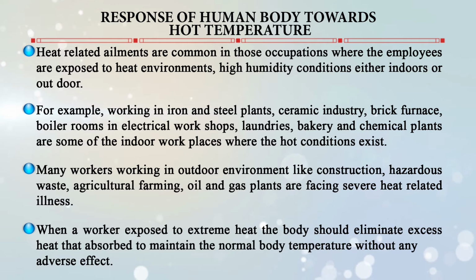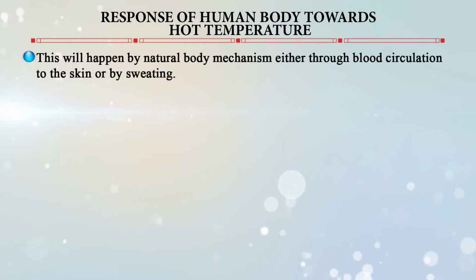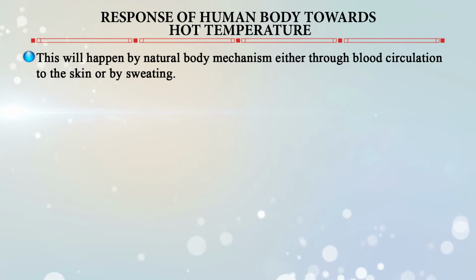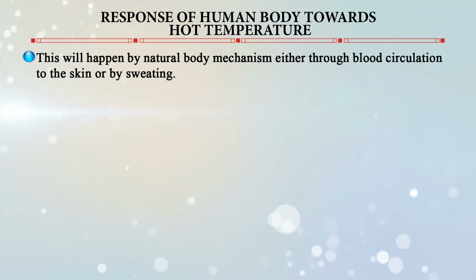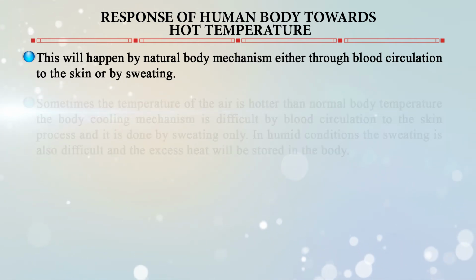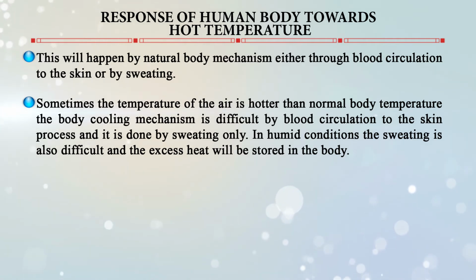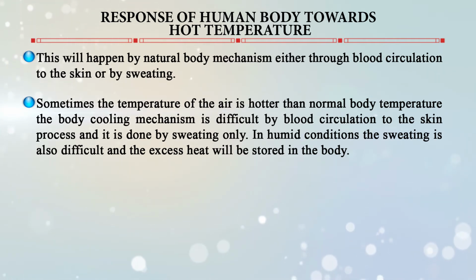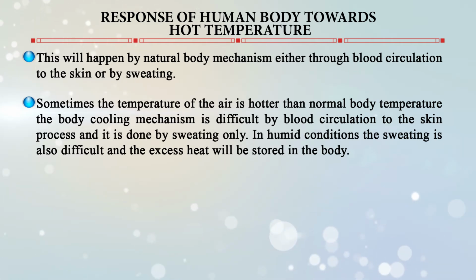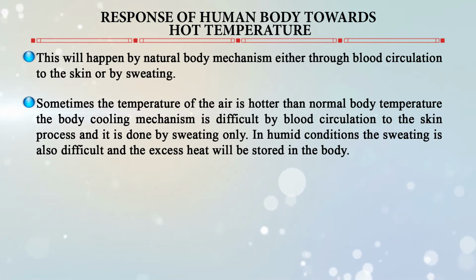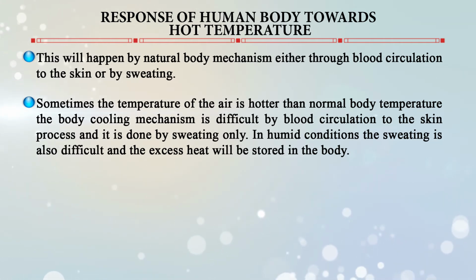When a worker is exposed to extreme heat, the body should eliminate the excess heat that is absorbed to maintain normal body temperature without any adverse effect. Normally this happens by natural body mechanisms, either through blood circulation to the skin or by sweating. Sometimes the temperature of the air is hotter than the normal body temperature. Then cooling by blood circulation to the skin is difficult, and it is done by sweating only.